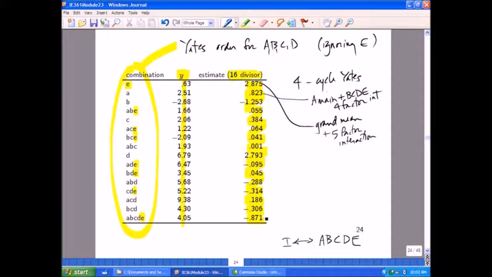Let's think about this one, for example. If there were no fifth factor, that would be the ABCD 4-factor interaction.